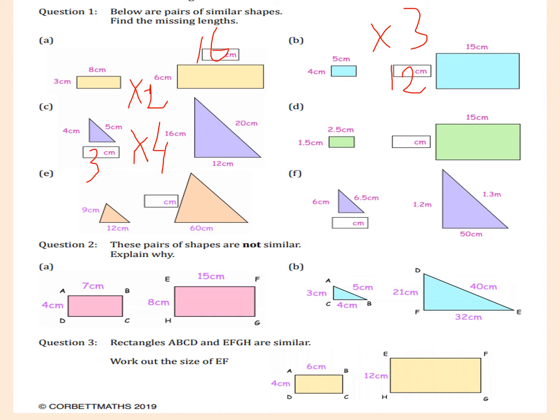D: 15 divided by 2.5 is a scale factor of 6. 1.5 times 6 is 9 centimetres. 45 centimetres.